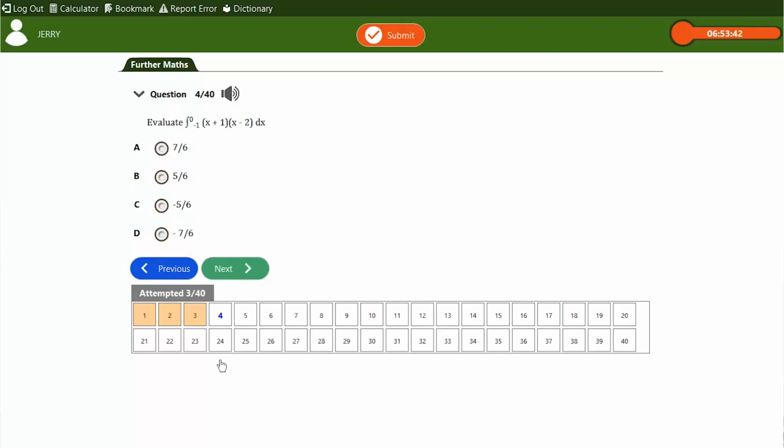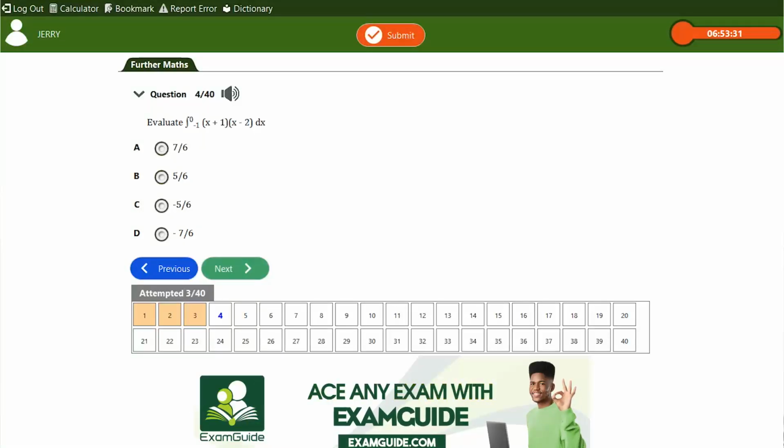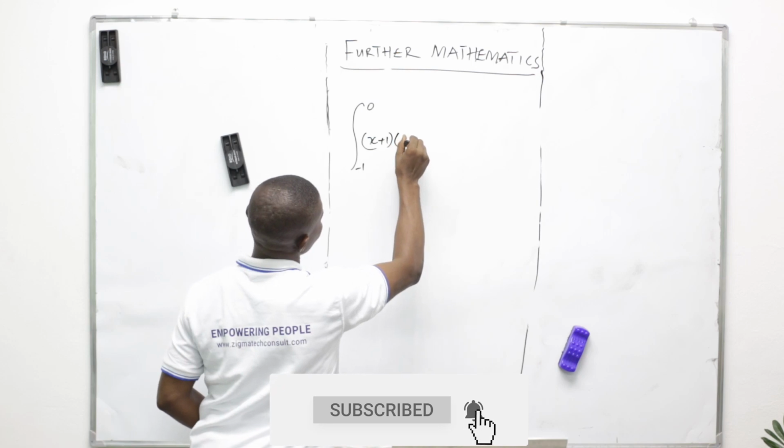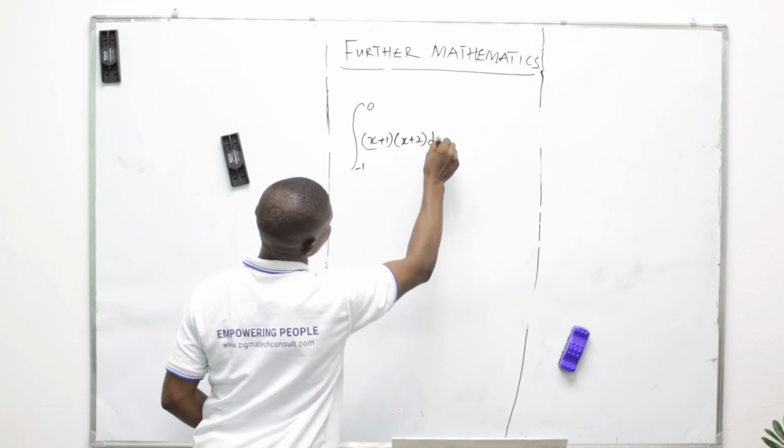Integrate this. Integrating this: the integral from −1 to 0 of (x + 1)(x + 2) dx.